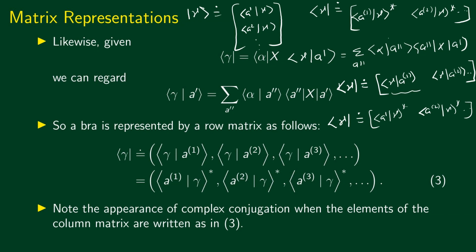So how do we go from the matrix that represents ket gamma to a row matrix that represents bra gamma? You take the matrix that represents ket gamma, transpose it and complex conjugate each element. So that will give you the matrix that represents bra gamma. Okay. All right.